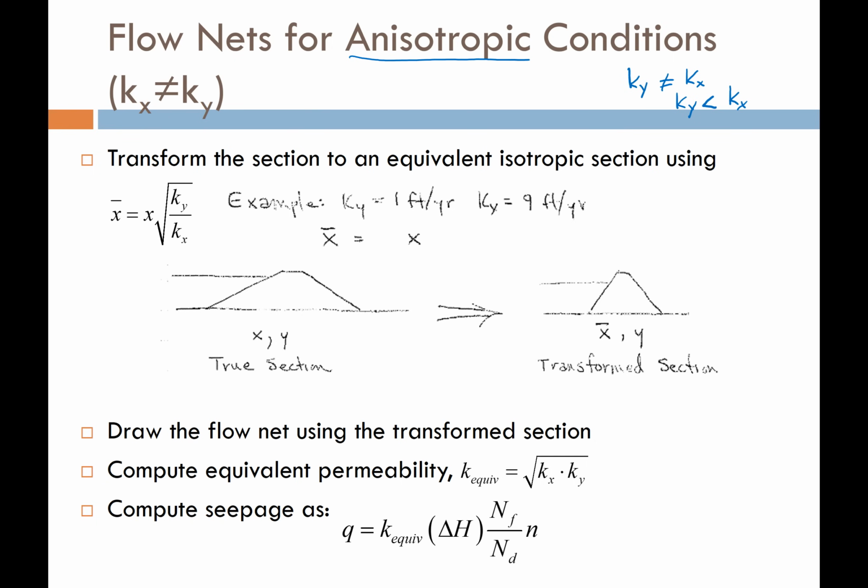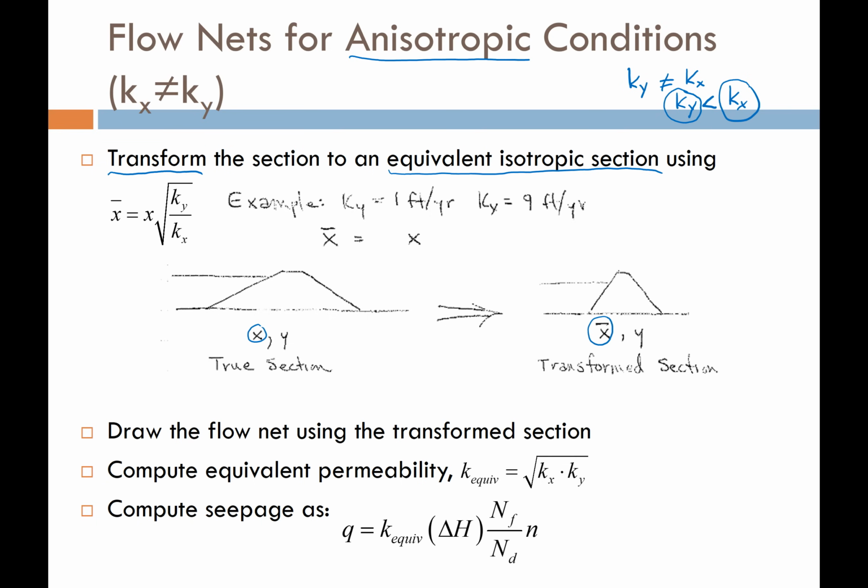So if we can estimate or know these actual vertical and horizontal conductivities, then all we need to do is transform our flow net, or our boundaries, our units on our drawing, to an equivalent isotropic setting. So in other words, I'm going to take this x-axis and transform it to a new x-axis, this x bar.